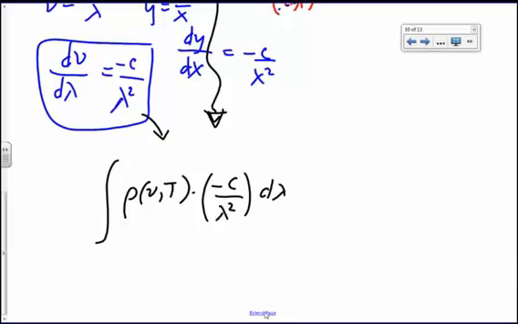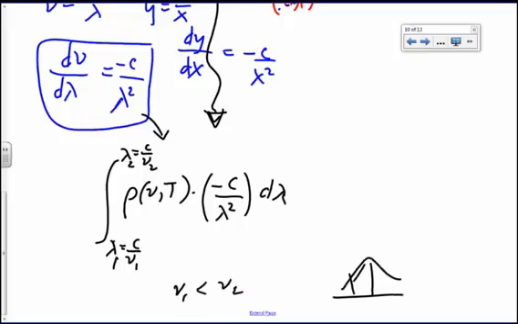Since I have changed my integration variable, my limits would now be in terms of lambda. So this is from lambda equals c over nu 1 to lambda equals c over nu 2. Let's call this lambda 1 and that lambda 2. If nu 1 is less than nu 2, then lambda 1 is going to be greater than lambda 2.